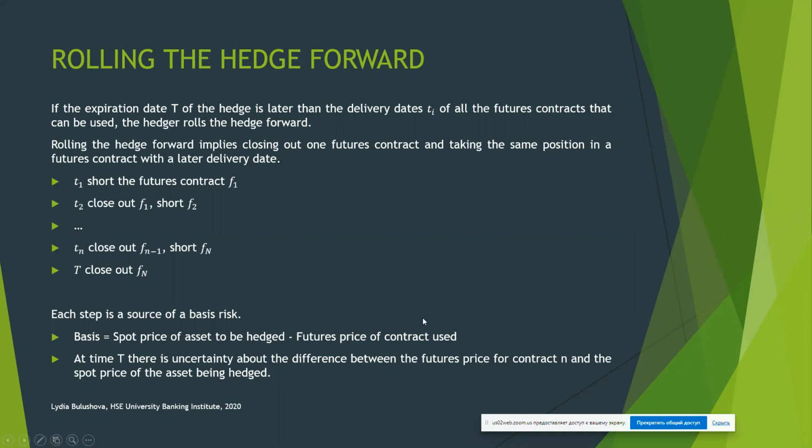But what's the problem? It looks so smooth, but in fact, at time t, you have to close out futures 1 and its price is nearly equal to the spot price, right? Because a futures with a delivery date like tomorrow is nearly equal to the spot price.